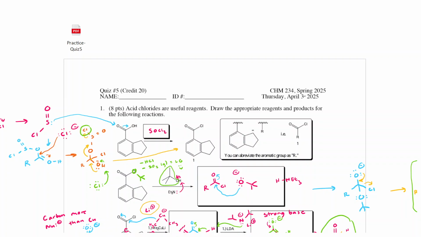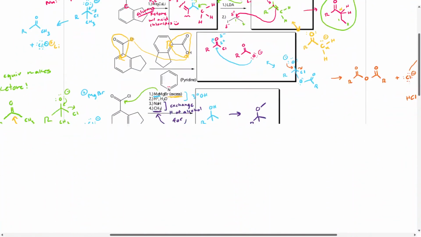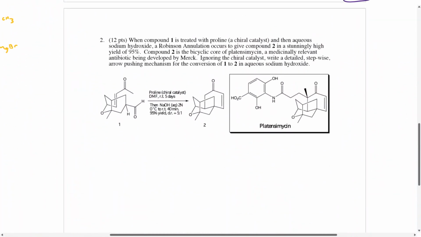Now we are going to do the last page. When compound 1 is treated with chlorine, a cryocatalyst, and then aqueous sodium hydroxide, a Robinson annulation occurs to give compound 2 in a high yield.